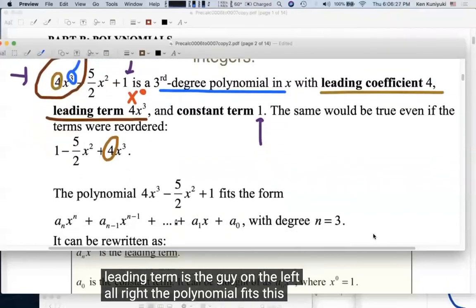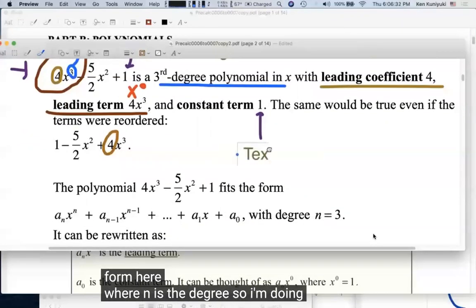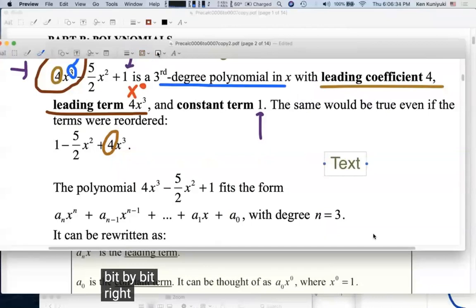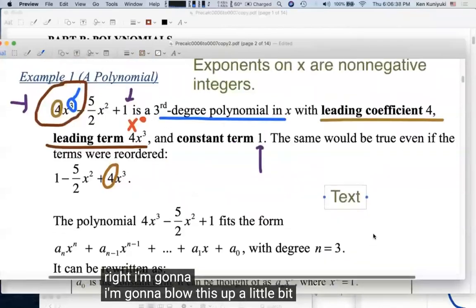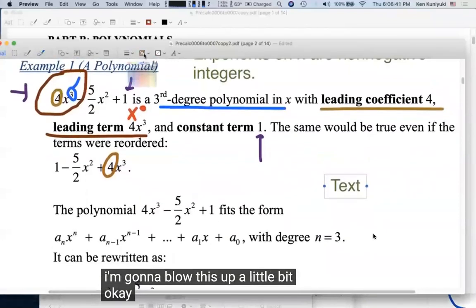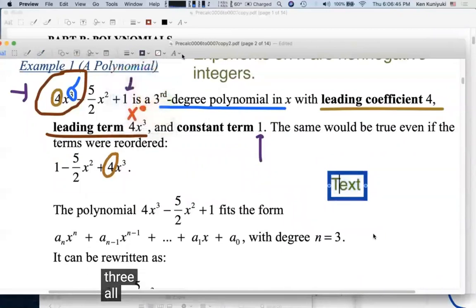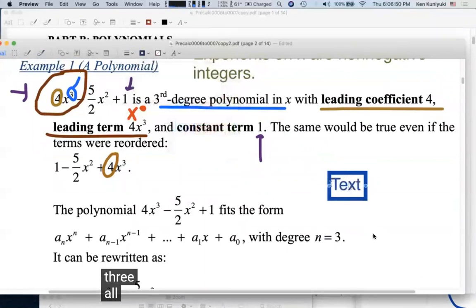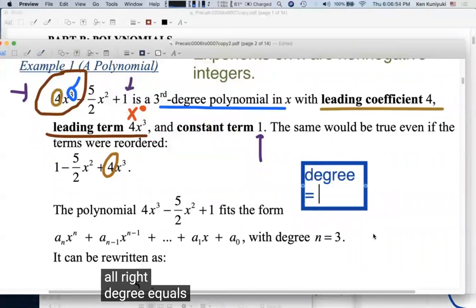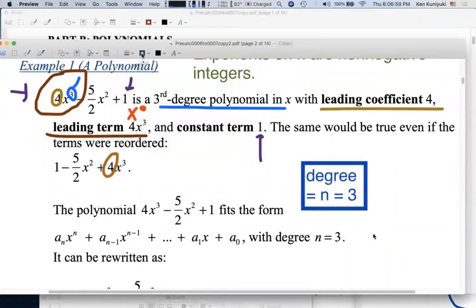All right. The polynomial fits this ugly form here, where n is the degree. So I'm doing this bit by bit, right? I'm going to blow this up a little bit. Okay. In blue, the degree up here is 3, all right? Degree equals n, which is 3 in our example. All right.